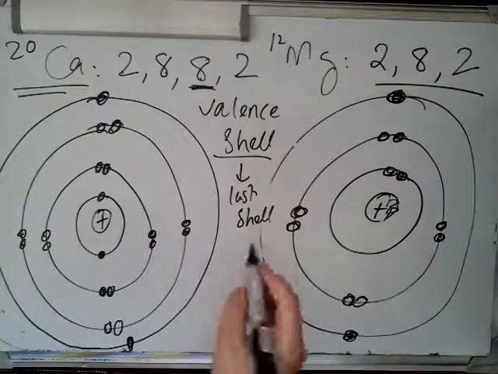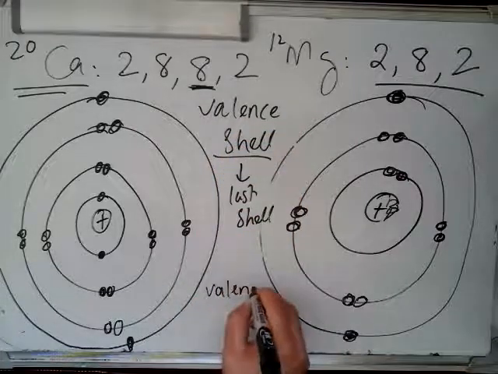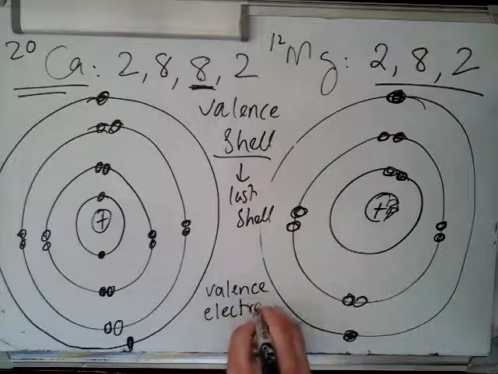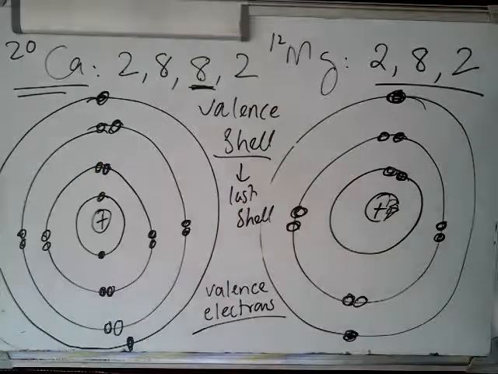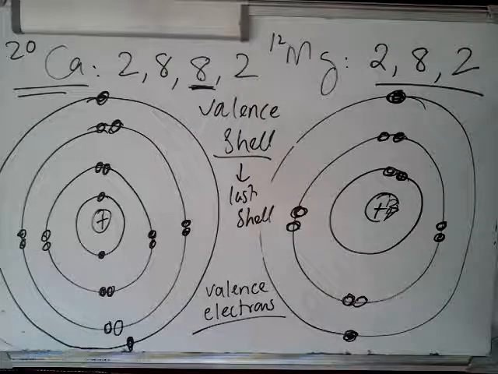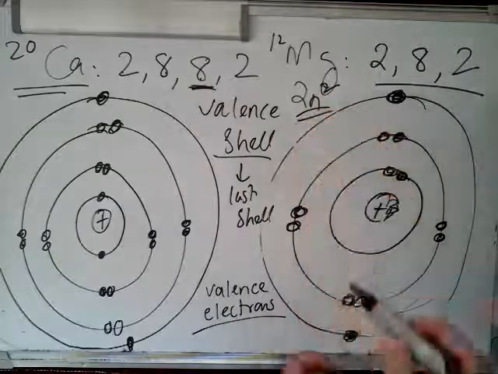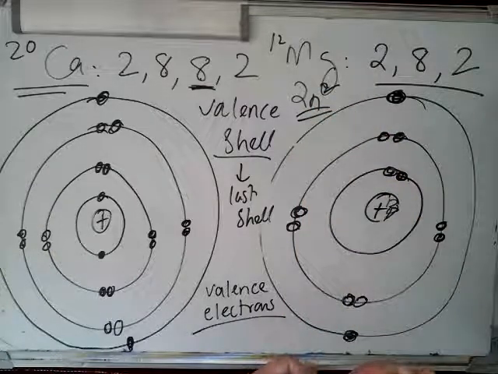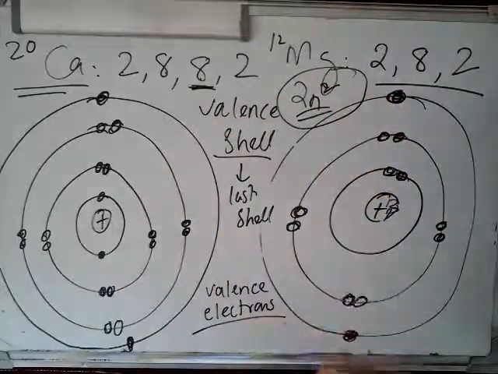Those electrons present in the valence shell are called valence electrons. This is how you can draw the structure of atoms according to the 2n square rule. Again, this 2n square is only a rule to limit the number of electrons in any energy level.